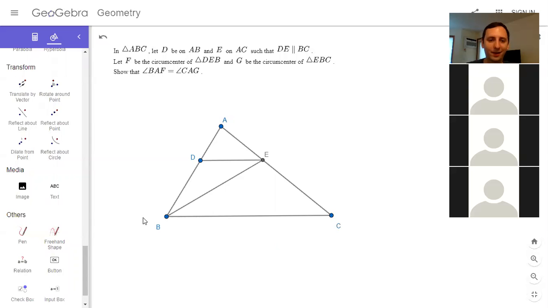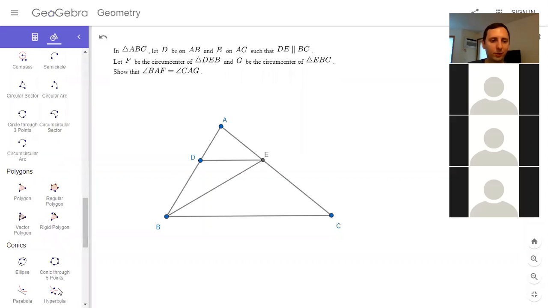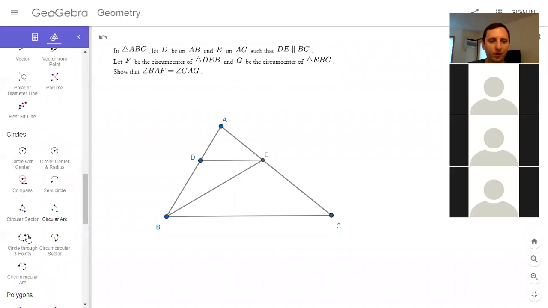Thanks. All right, so we're starting on our first problem. We have a triangle ABC. D is on AB and E is on AC, so that DE is parallel to BC. Now F is the circumcenter of DEB, so I'm going to draw the circumcircle.